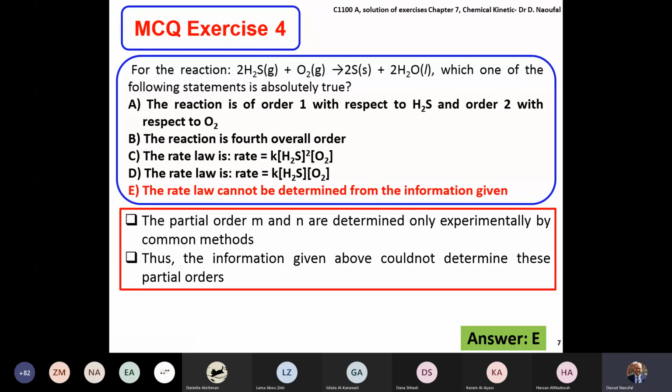Thus directly we can relate the stoichiometric coefficient of H2S to the partial order with respect to H2S, so M equal to that coefficient, and the stoichiometric coefficient of O2, 1, to the partial order with respect to O2, which is equal to 1. So only in the case of an elementary reaction can we deduce directly the partial orders, and this is not the case in this exercise.